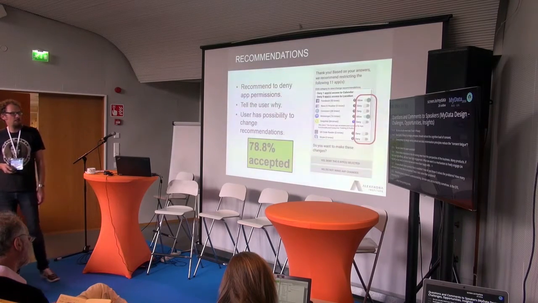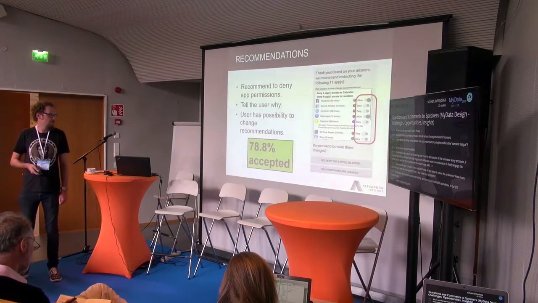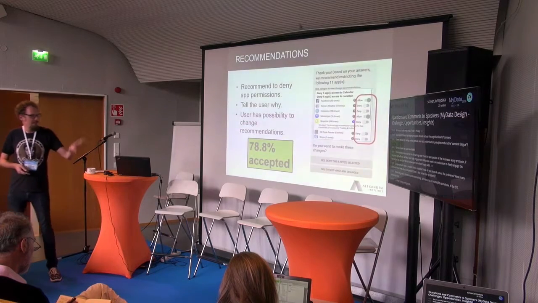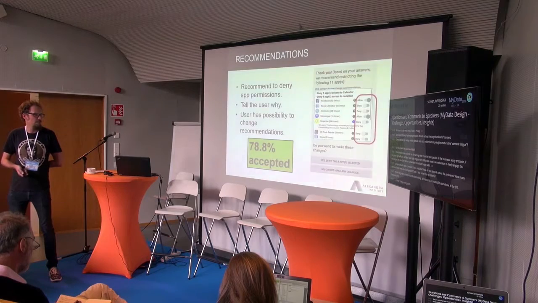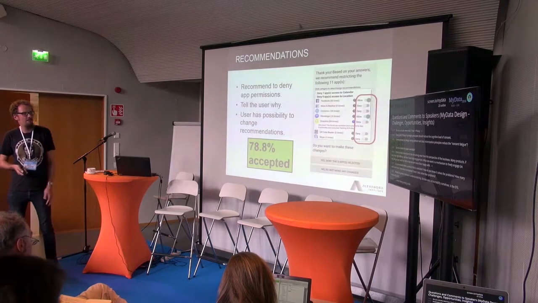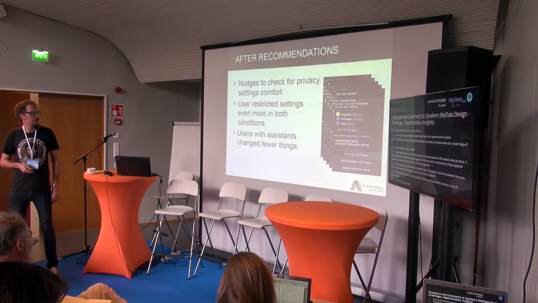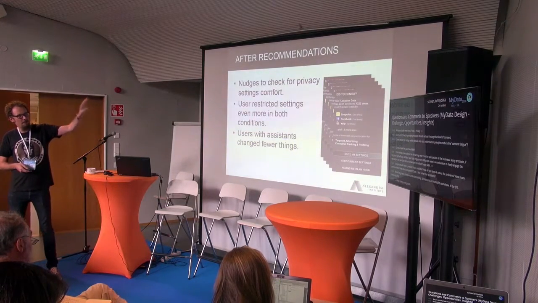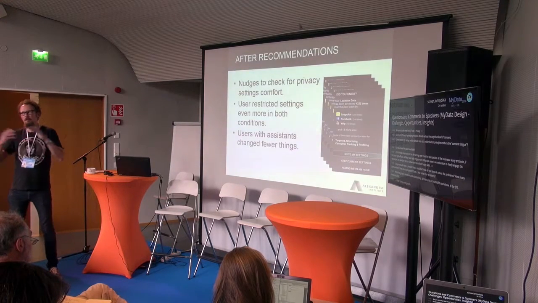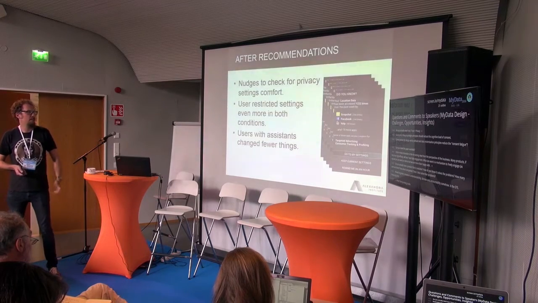So we found that during our study, which we ran with 72 participants, they accepted 78.8% of the recommendations, which also shows us that they actually interacted with the UI that we showed them. After the recommendations, we showed the same nudges as we did during the data collection, which was basically a way to figure out whether or not they were actually happy about what they ended up with after the recommendations.